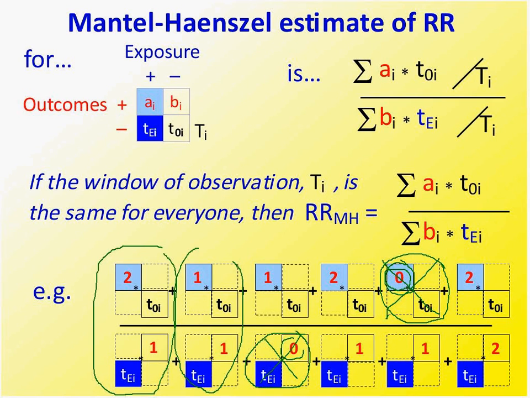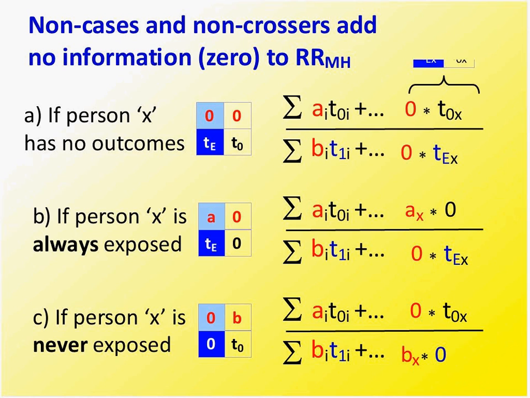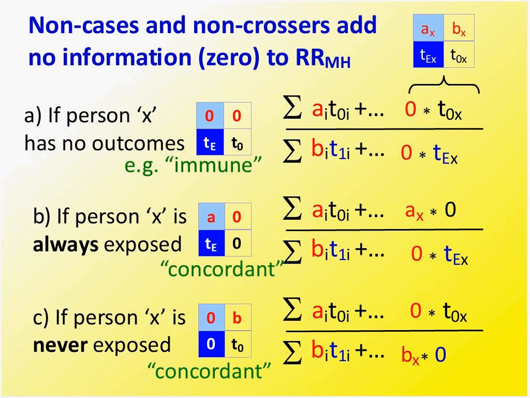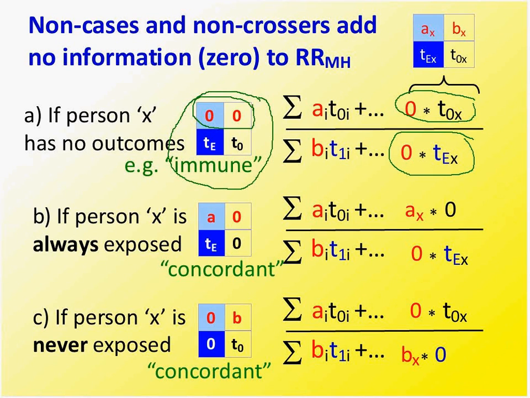contributed some information. So if we go to the next slide, we see that if a person is serving as their own control and they never became a case, that they had no events, then they contribute nothing to the numerator and nothing to the denominator of the Mantel-Haenszel estimate.